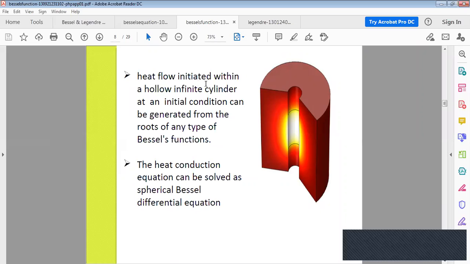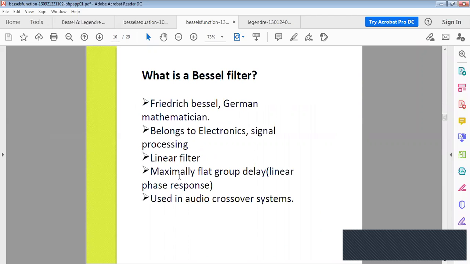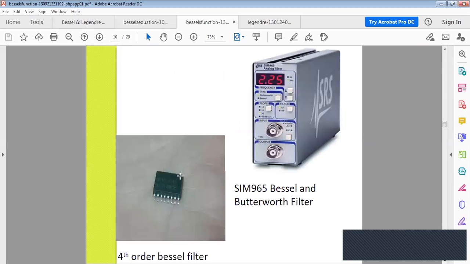Heat flow initiated within a hollow infinite cylinder at an initial condition can be generated from the roots of the type of Bessel function. There are more and more. Applications in electronics and signal processing: Bessel filter, Kaiser window, FM synthesis. This is an engineering application.